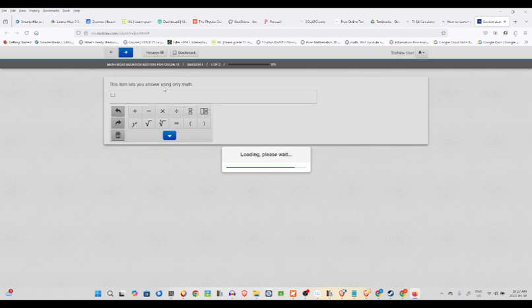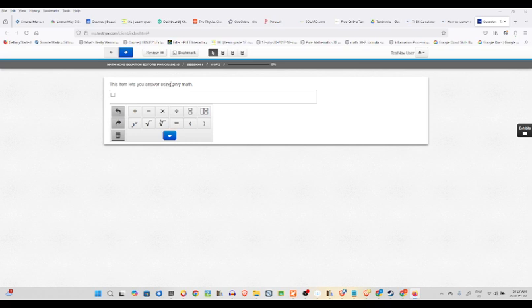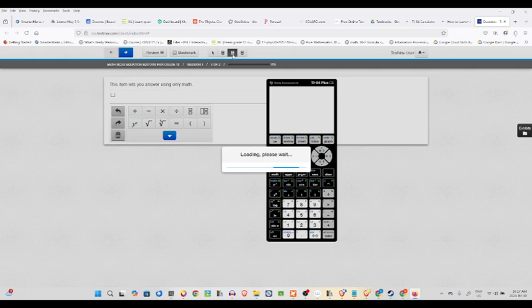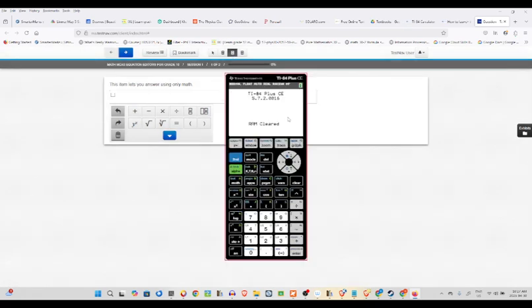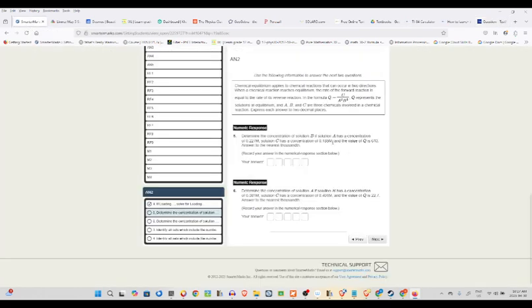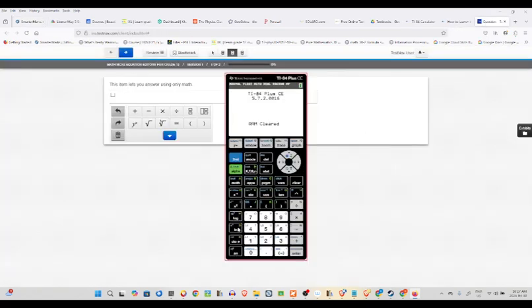So we're loading here. Here's our TI-84 graphing calculator. That's what we're looking for. So in this case, we know A is 0.227.